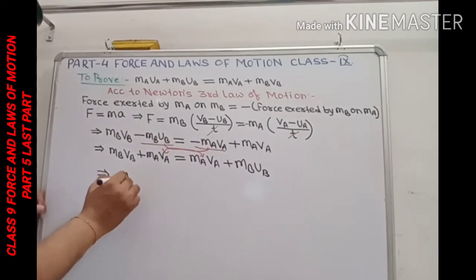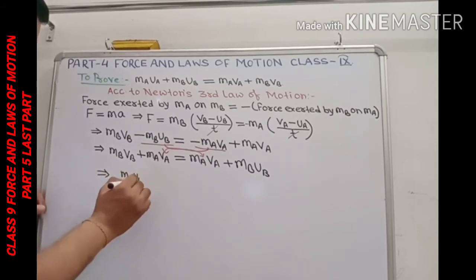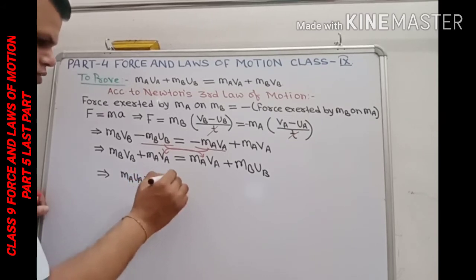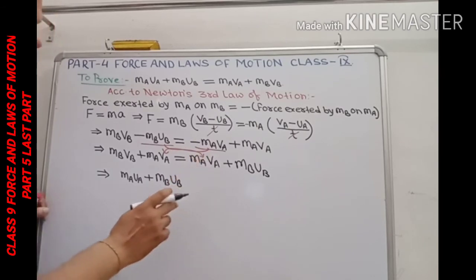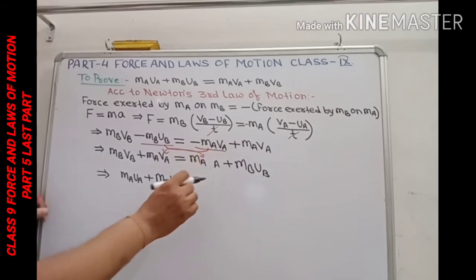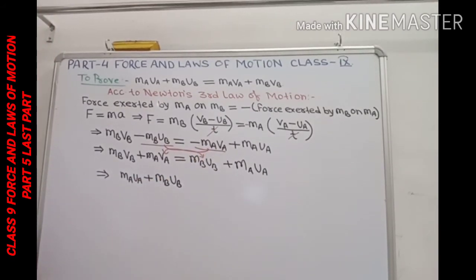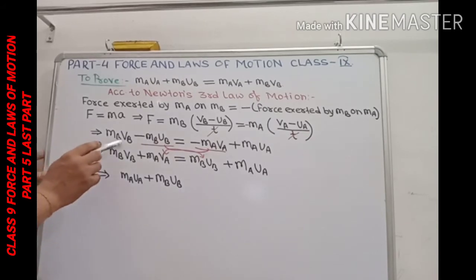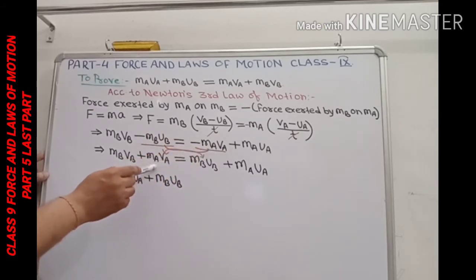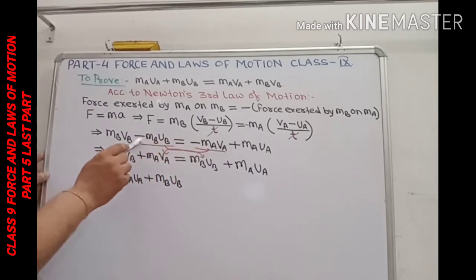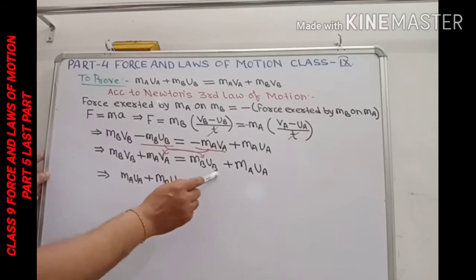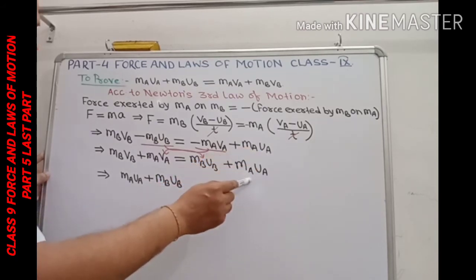Look here now: this is MB VB, and we have brought MA VA here, so it becomes positive. MB UB goes in the opposite direction, so it becomes positive MB UB, and MA UA is as it is.